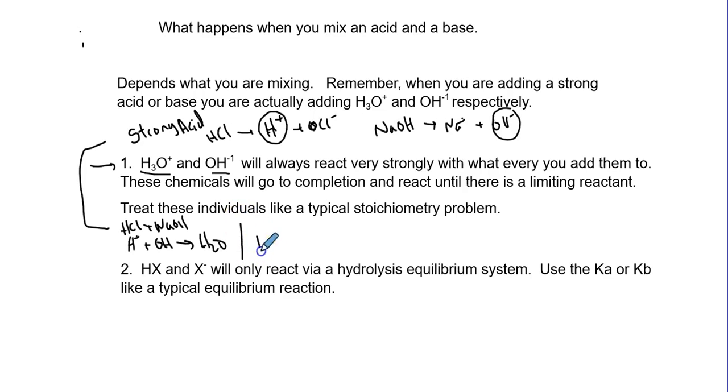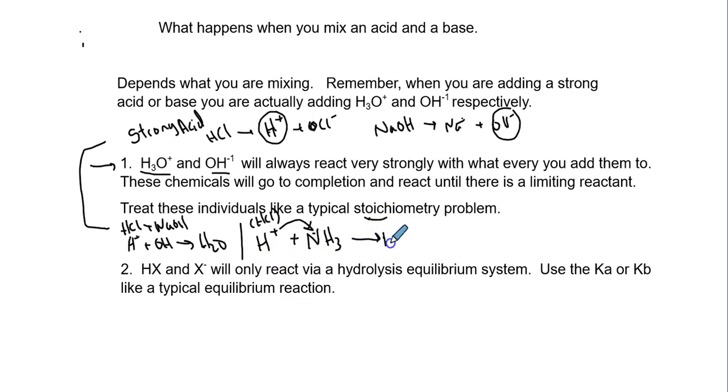Or you could do H plus, which is HCl, plus a weak base, which would be like NH3. In this case, the acid would just protonate this guy completely until something ran out, like a stoichiometry problem.